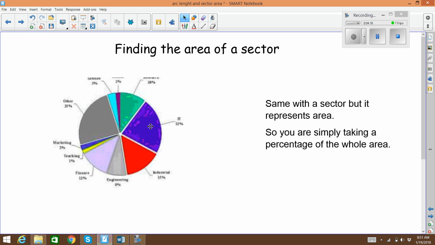It's got 2 dimensions. So you find the area of the circle. You know how to do that. And then you figure out the central angle that intercepts that sector. And then you take that percentage of the area. It's really very intuitive, very logical.